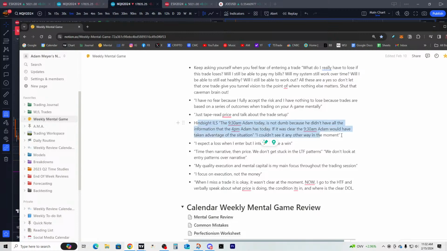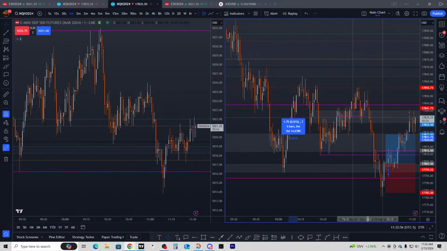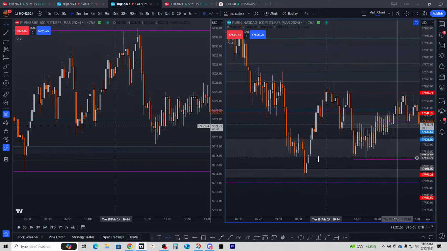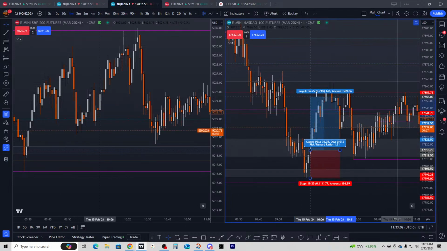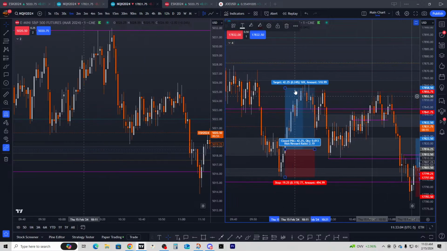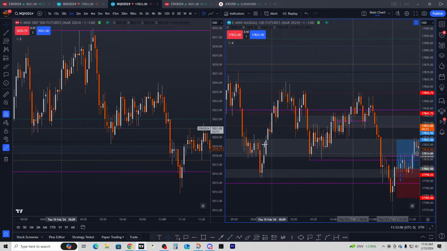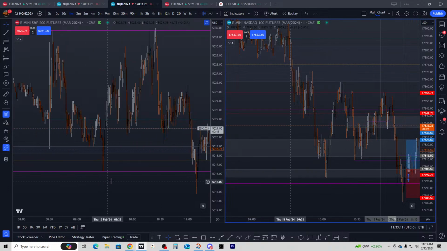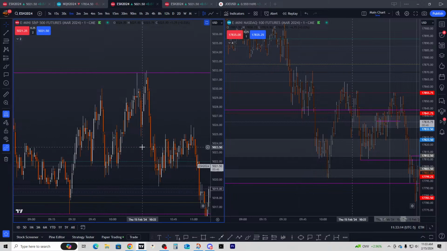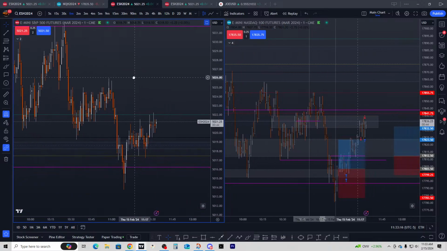So just that statement right there helps me from beating myself up for missing this move that would have got me funded today again. So it's okay. At that time it looked like it was going to go bearish. It looked like ES was going to sell off to these equal lows at that time. So it wasn't clear, you know.